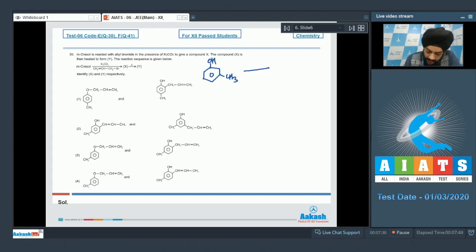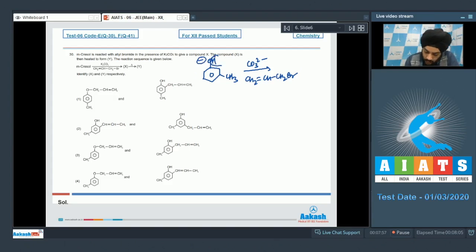When this is allowed to react with carbonate ions and then with allyl bromide, the carbonate ion is a base, and it is going to extract the proton from the phenol group, leading to the generation of the alkoxide over here.